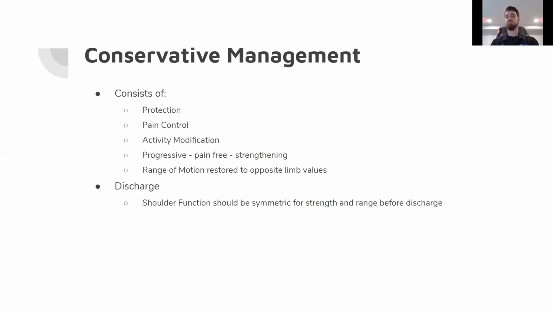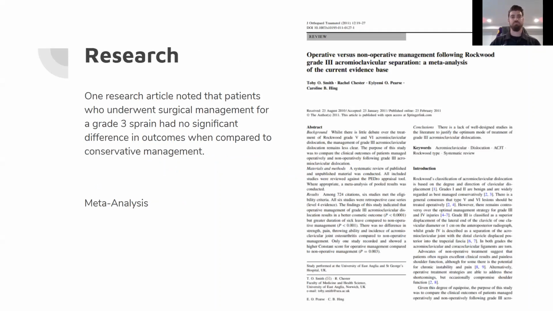So that's what they strive for, taking it nice and easy, and going pain management wise, or at least pushing into pain a little bit, but we don't want to push so much that we have a regression in symptoms. And then at discharge, shoulder function should be symmetrical for strength and range of motion. So when you're doing your manual muscle testing, you should have equal strength on both sides and equal range of motion, or at least as close as we can get.